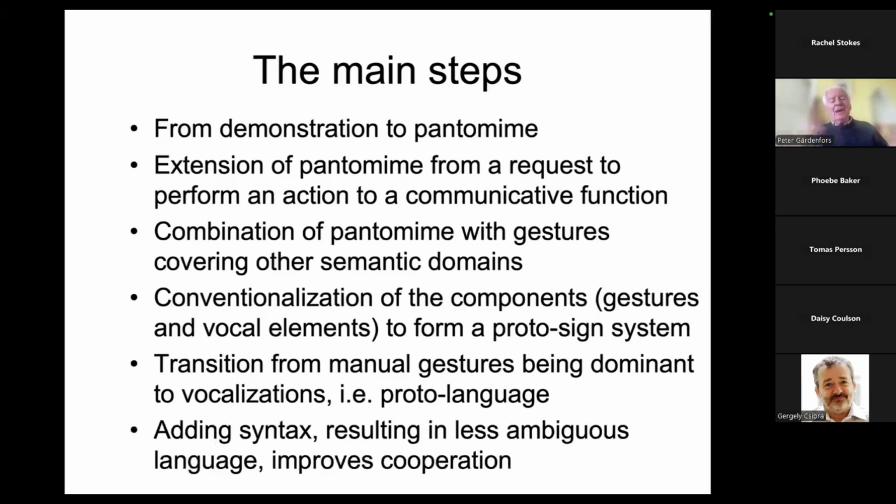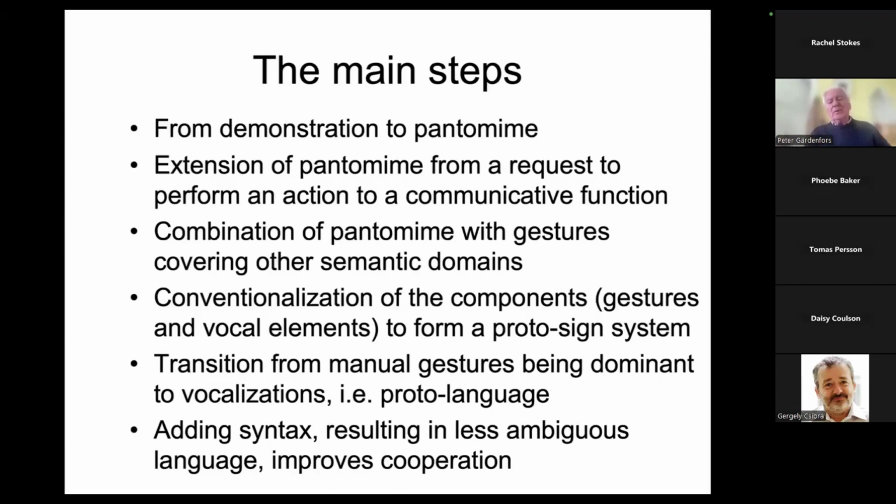And then finally, I haven't said anything about syntax, but you need that in order to make the expressions less ambiguous. You have to mark who is the actor and who is the recipient, who is the agent and who is the patient of an action. And in most languages, you mark that either by the order of words or by some kind of marking on the words.